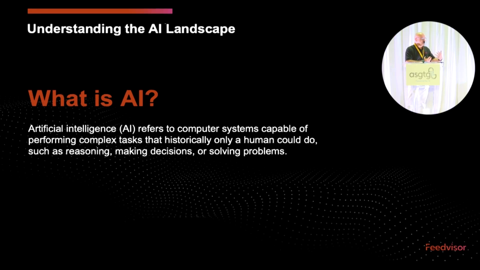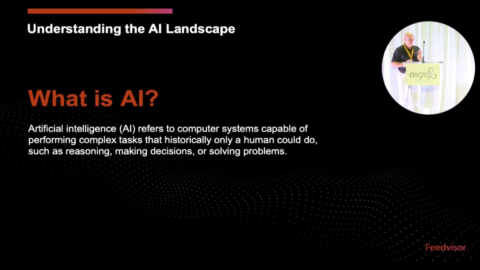It's not so trivial. AI usually comes in our ability to use computer systems that are capable of performing complex tasks that historically only humans could do. And these tasks usually are reasoning, making decisions, and solving problems, right?